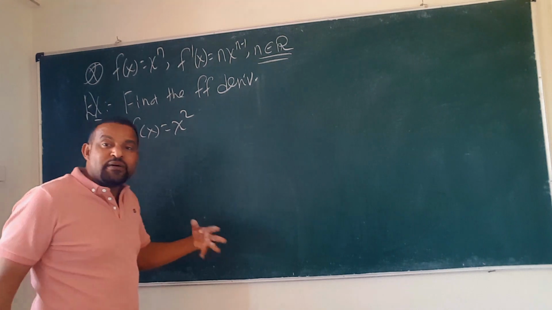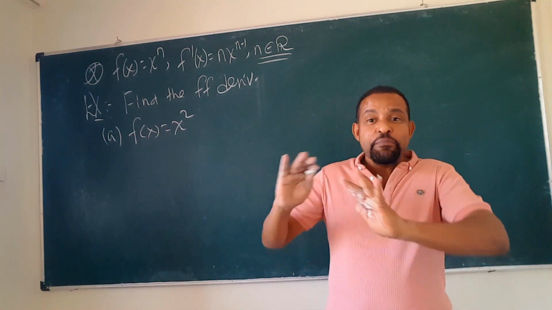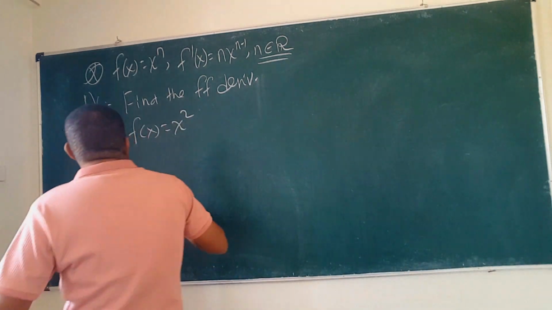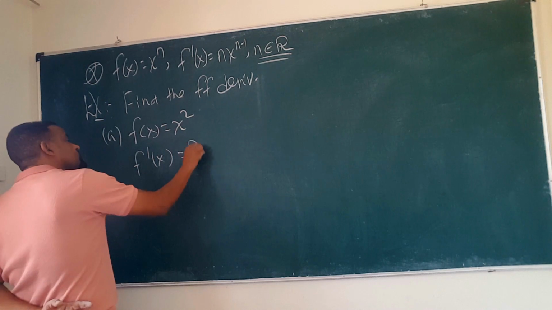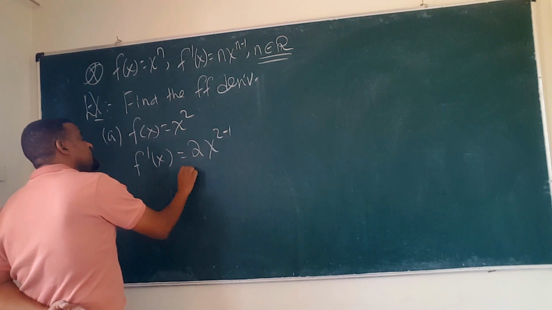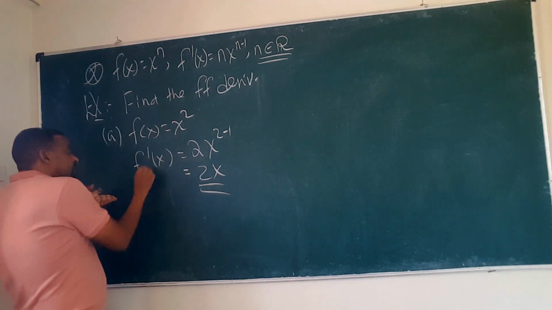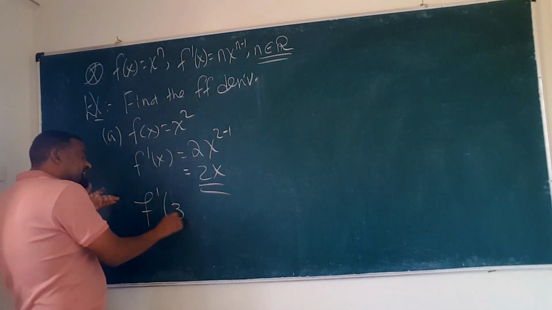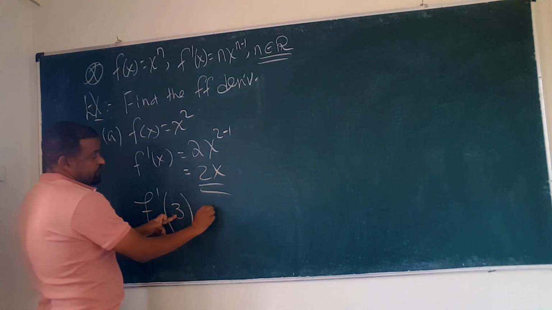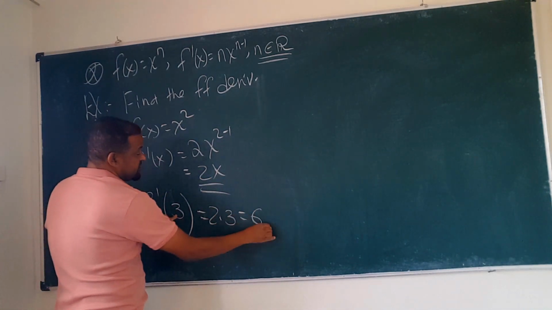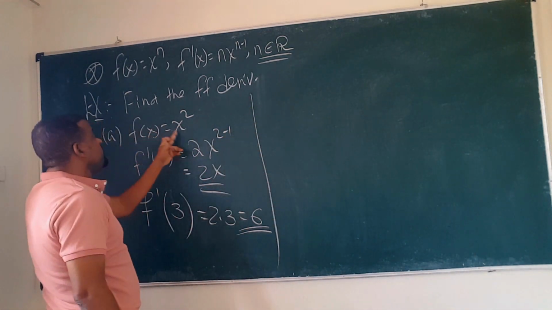Its derivative is 2 times x the power of 2 minus 1, which is 2x. If asked for the derivative at 3, we put 3 here: 2 times 3, which is 6.